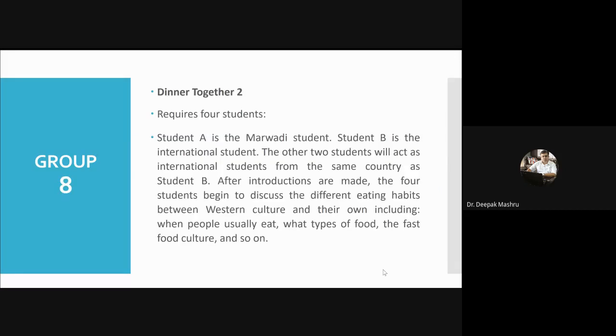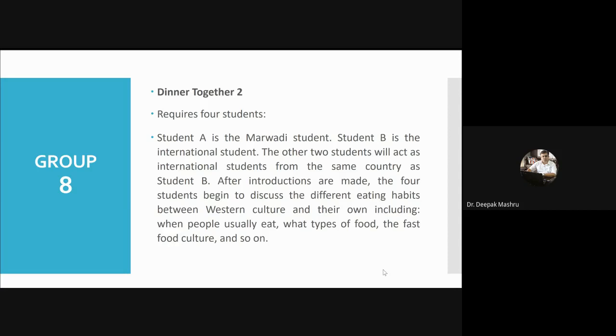Group number 8, right? One is a Marwari student, one is an international student from the same country. They'll act like that. After introductions are made, the 4 students begin to discuss different eating habits between Western culture, right? So this is a repetition of one role play, so that we can have a certain amount of duplication of dialogues and all.